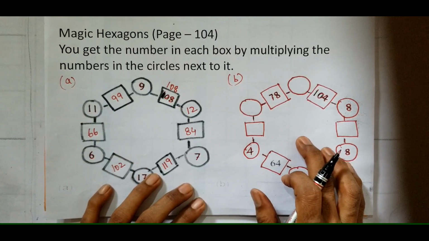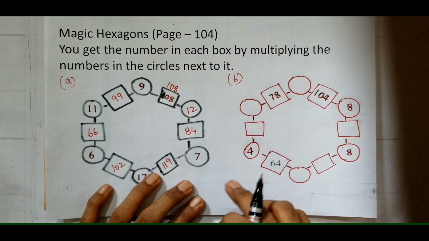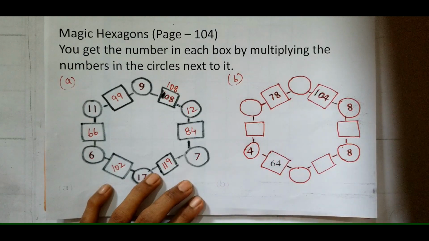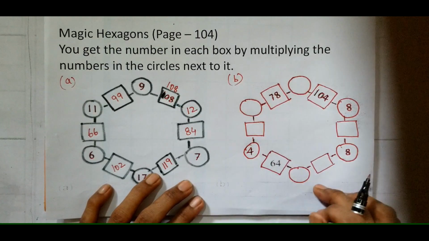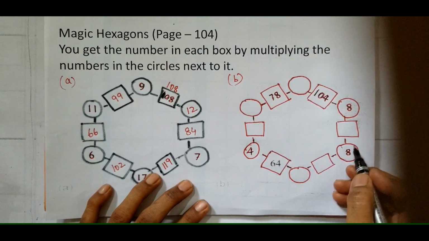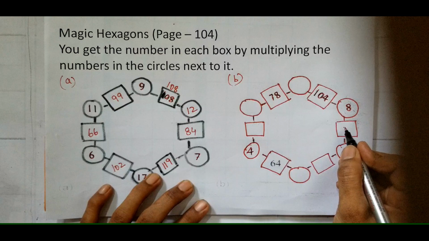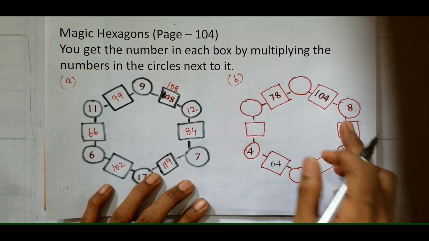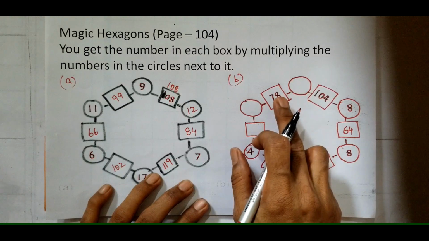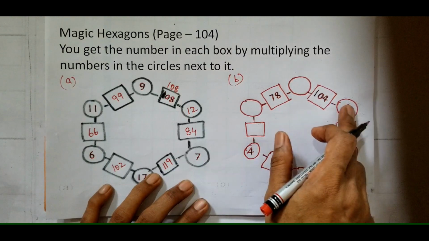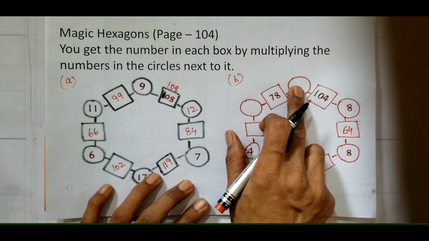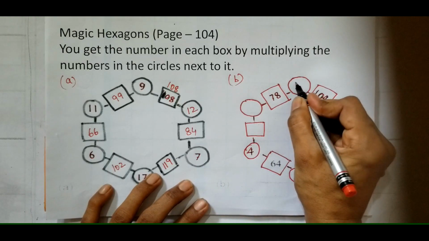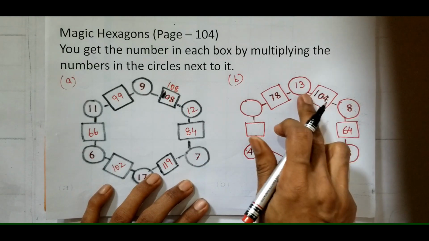Now we come to the B question. Now here we have the numbers in the square. We need to find the numbers in the circles. So now I have these 2 numbers in circle. So if I multiply these 2, I'll get this 64. Okay. Now here to find this number, I need to divide these 2 numbers to get this. 13 eights are 104.